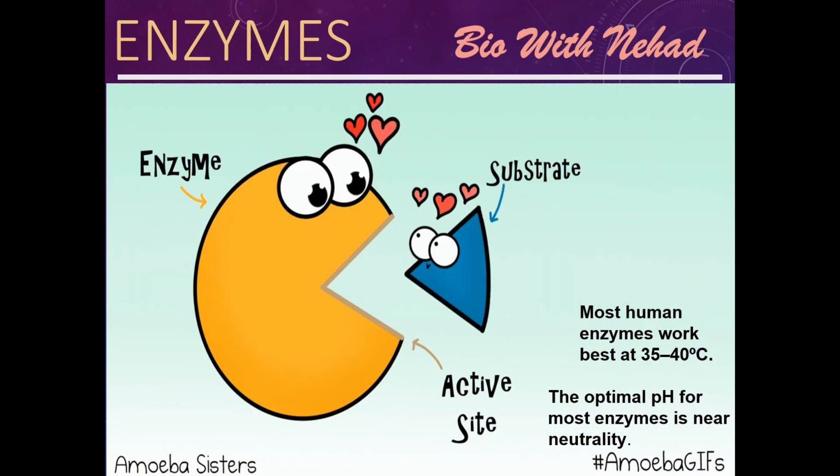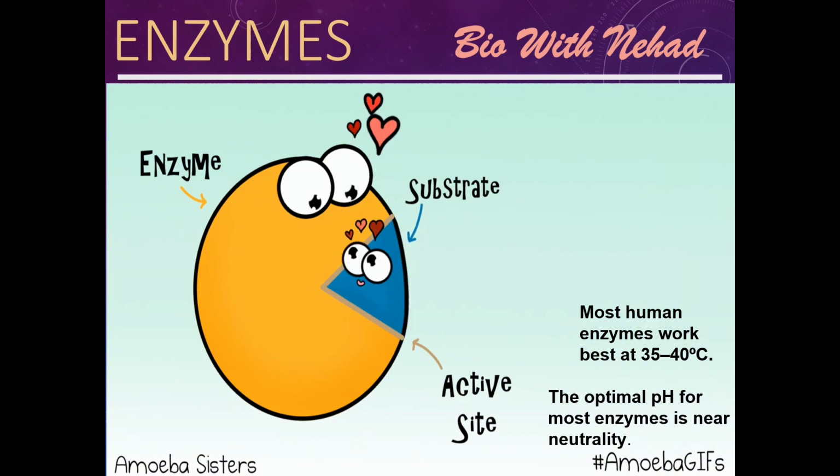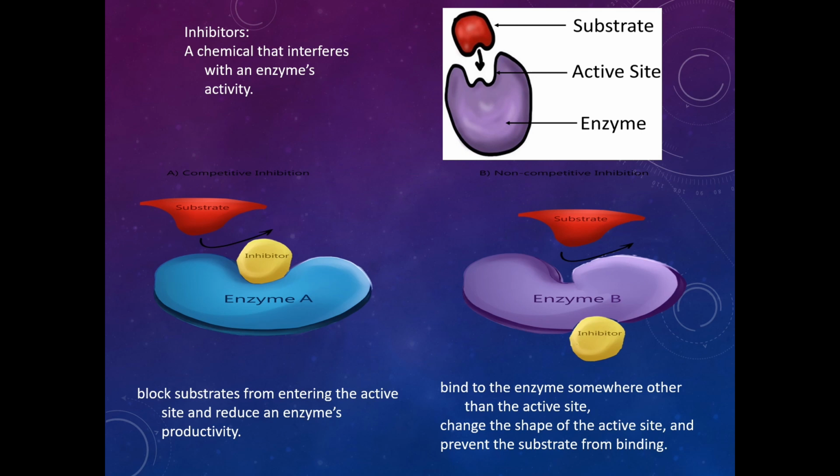Now we're going to explain how the enzyme activity can be decreased or stopped by a chemical called an inhibitor. The inhibitor is a chemical that interferes with an enzyme's activity. We have two types of inhibitors: a competitive inhibitor and a non-competitive inhibitor.